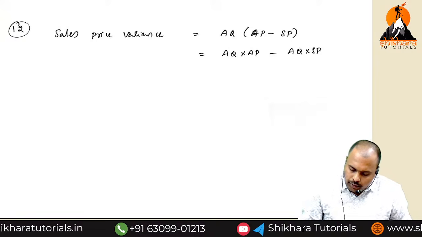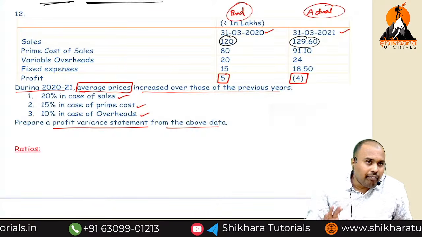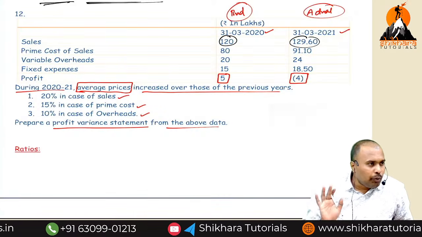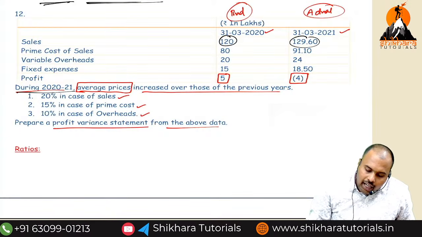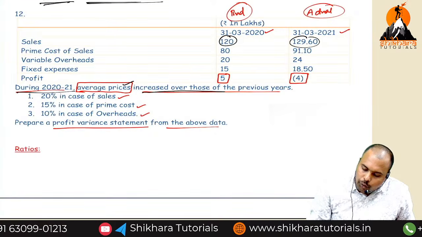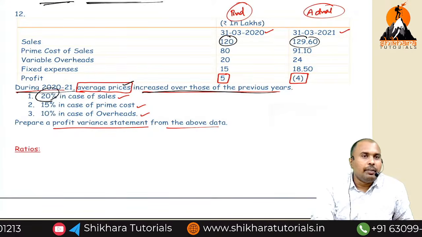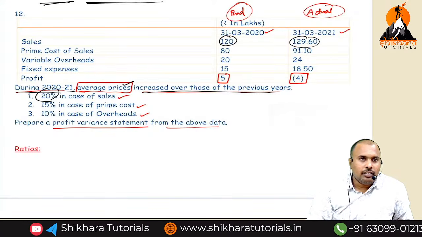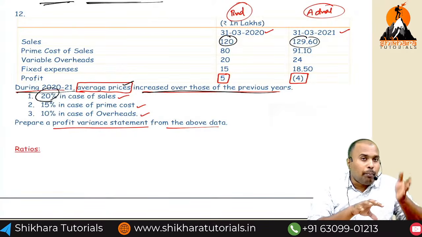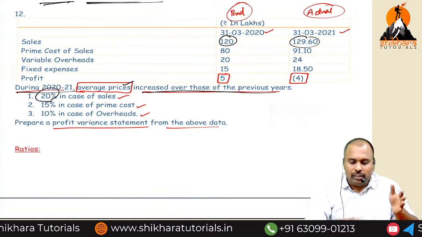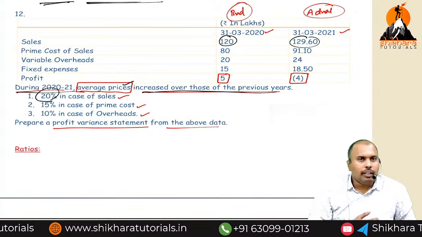Clear? Now sir, if you see here, they have given the total sales amount. But what did they tell? During 2021, average prices have increased over the previous years by 20% on sales. It means selling price increases by 20%. If you had sold the same number of units as earlier, my total sales would be 120 plus 20%. Agree with that?